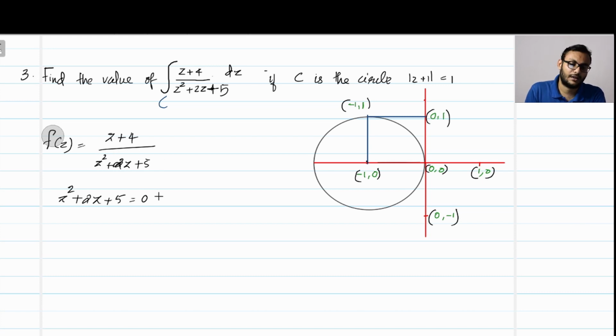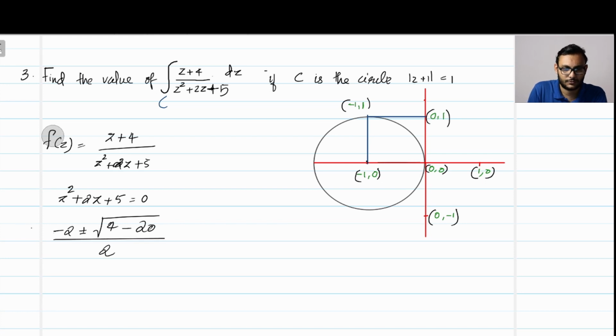We can solve this using the quadratic formula: z is equal to minus 2 plus or minus root of 4 minus 4 into 5, that is 4ac means this is 20, divided by 2.